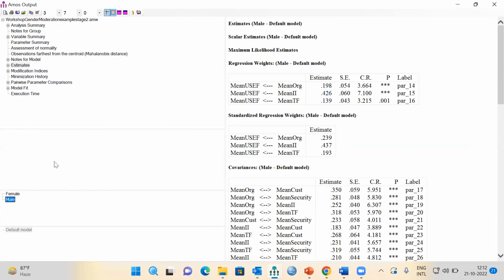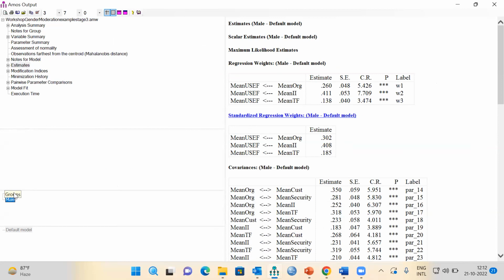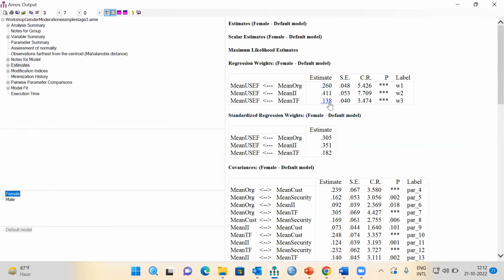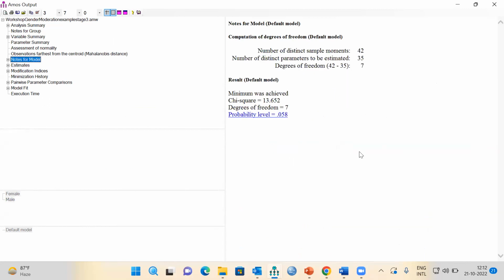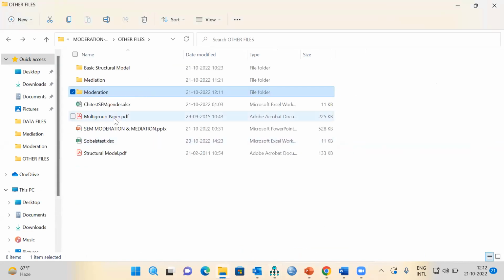These were different. But in the constrained model, these estimates are the same for the male group and for the female group. So once you have the chi-square of both the constrained and unconstrained model, then you go for this chi-square test.